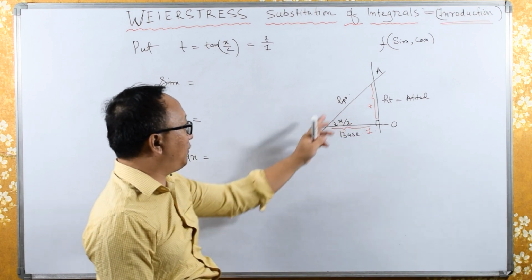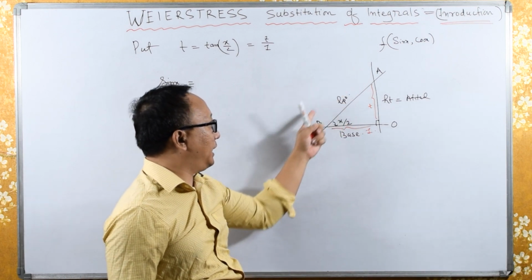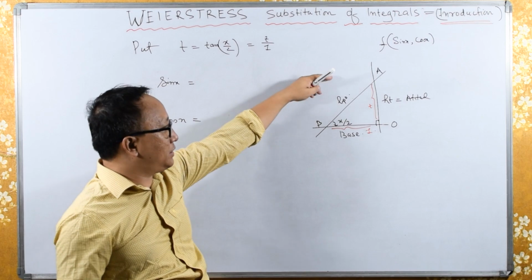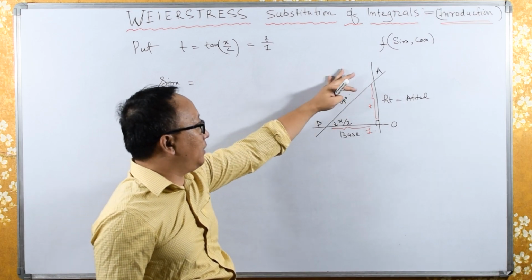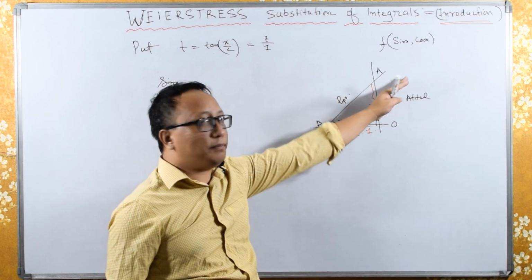Now if I want to find this side, we use the Pythagorean theorem: hypotenuse square is the same as this square plus this square.